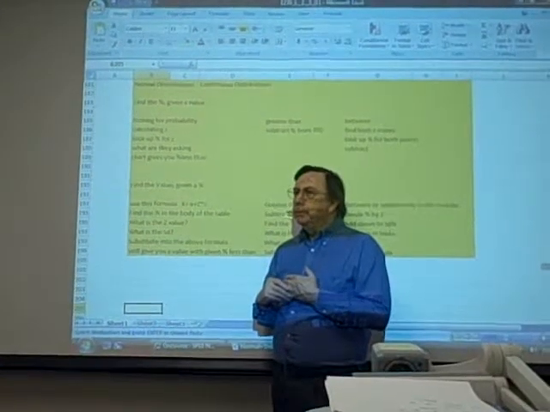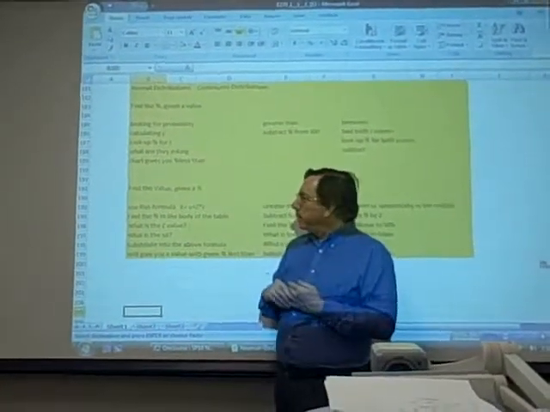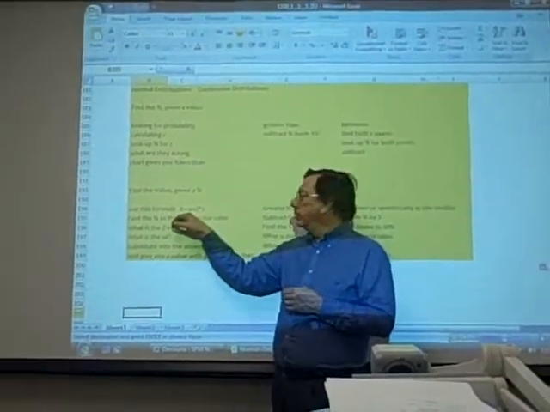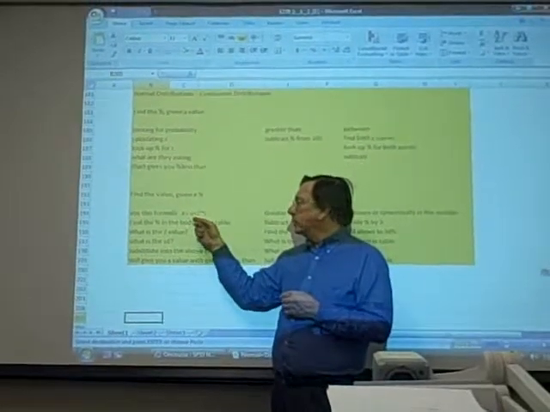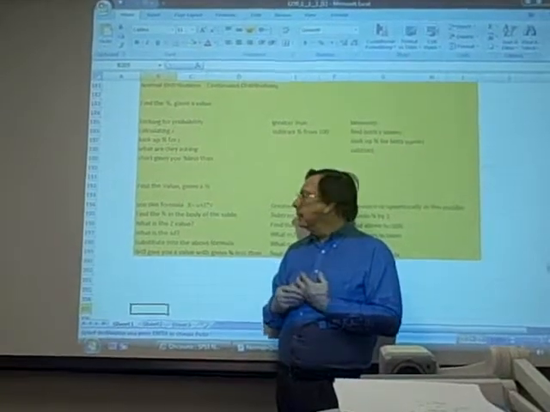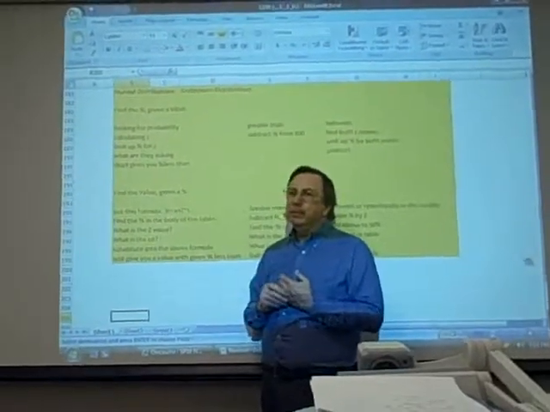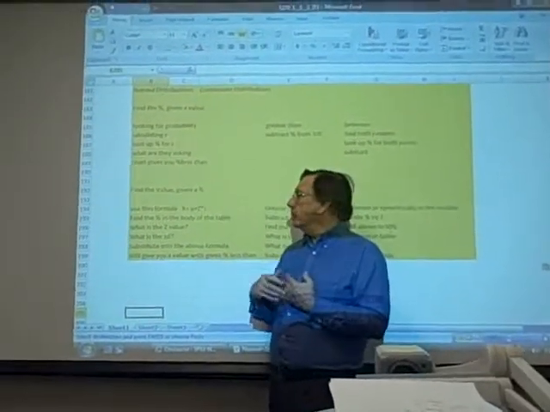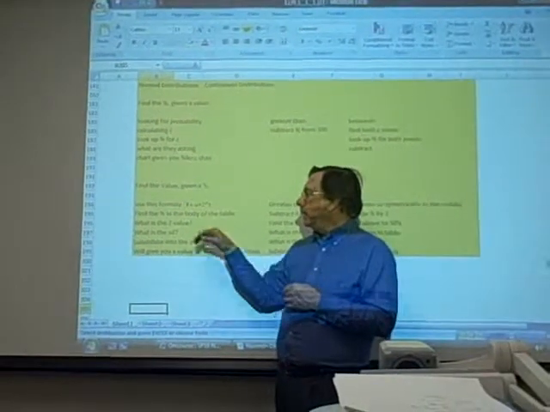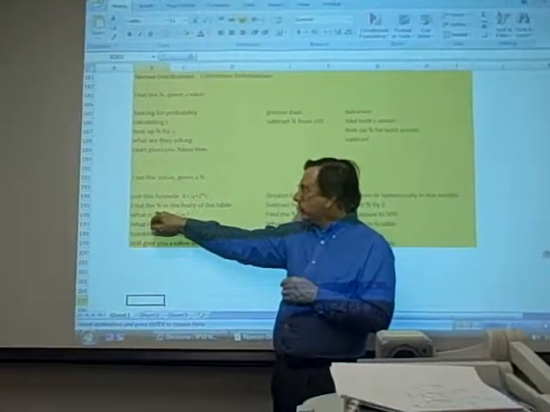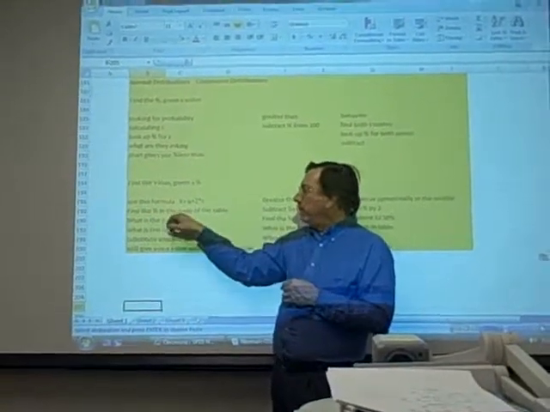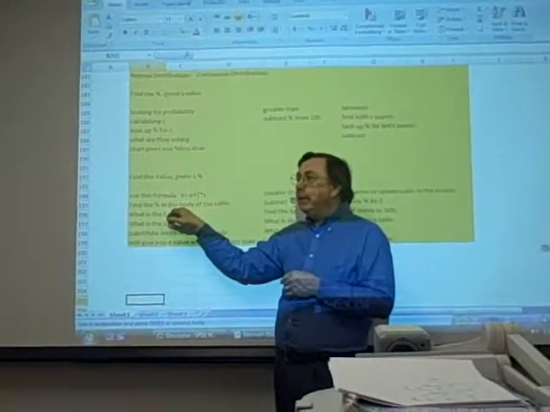Okay, so this is on Encore, so I stuck it there. So this is the formula we can use. The number equals whatever the mean is plus the z-score times the standard deviation. So we can use that to find any value. If they give us a percentage and ask what's the value, we find the percentage in the body of the table.